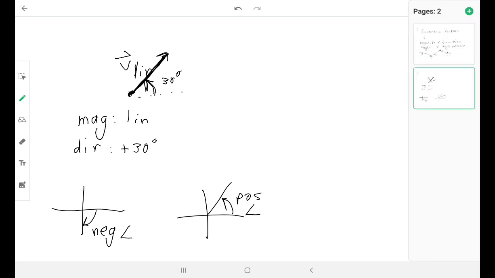So let's talk about the other part of this, which is to add and subtract vectors.